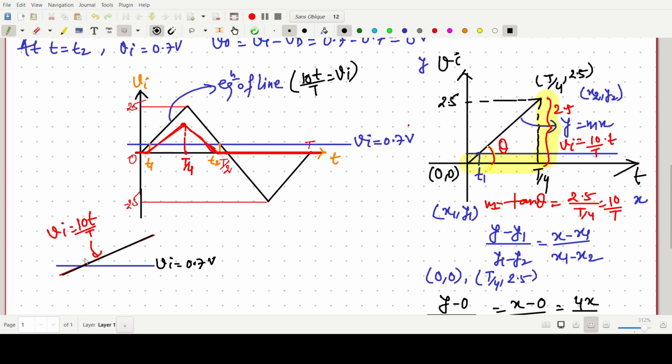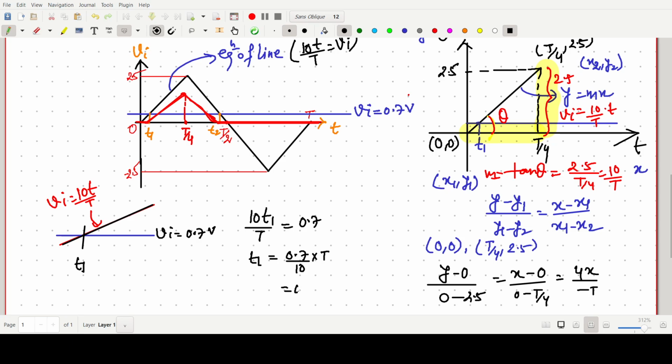Okay, so this point we can say T1 point. So T1 point can be found like 10 T1 by T equals to 0.7. Okay, so T1 can be 0.7 by 10 into T, or 0.07 into T. So T1 point is clear.